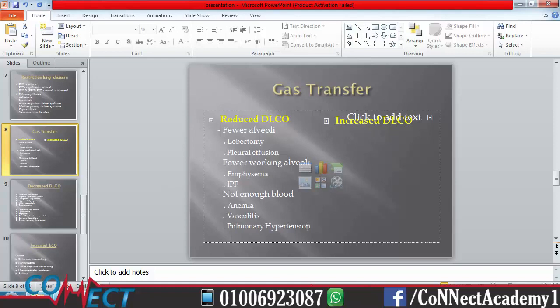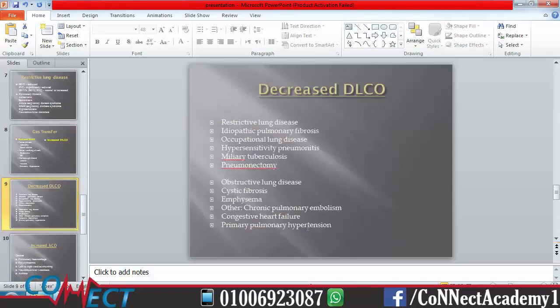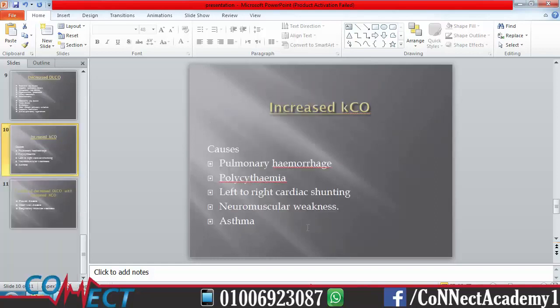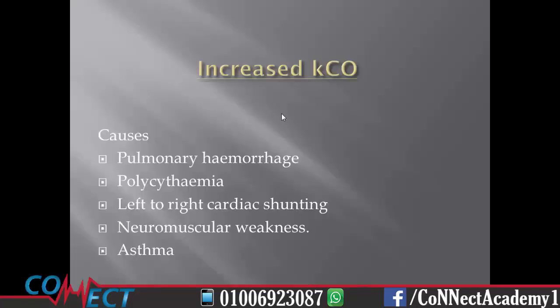So after we do the diffusion capacity, we will do the diffusion coefficient. And the diffusion coefficient is the correction of the diffusion capacity in relation to the alveolar volume.